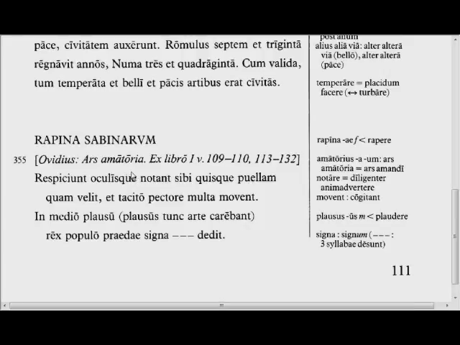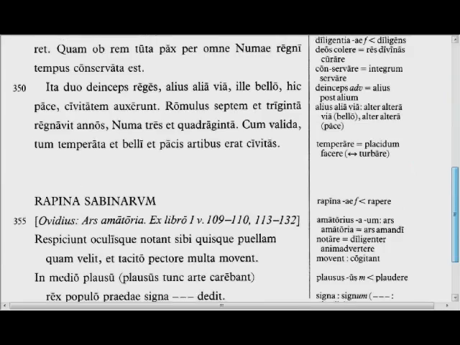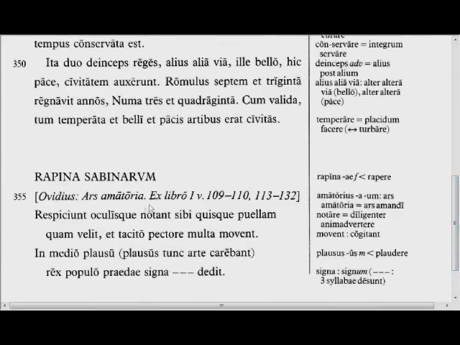The QU counts as one letter, and the E here, que, is short, so you're going to put a U over it. It's followed by one consonant. The O in "notant" is short. The A in "notant" is long because it's followed by two consonants.